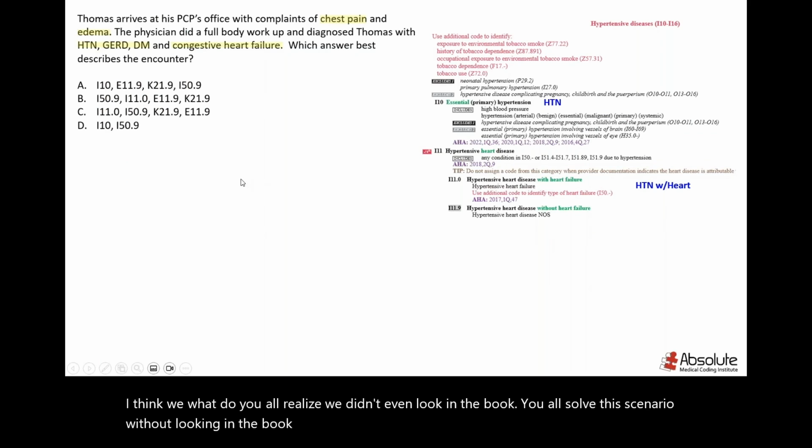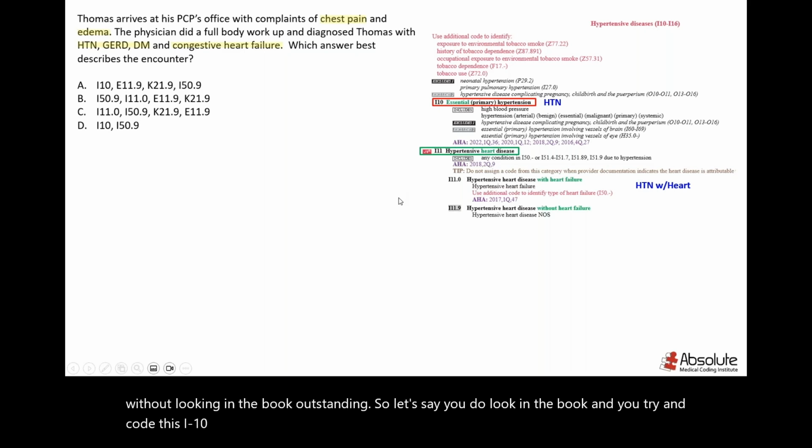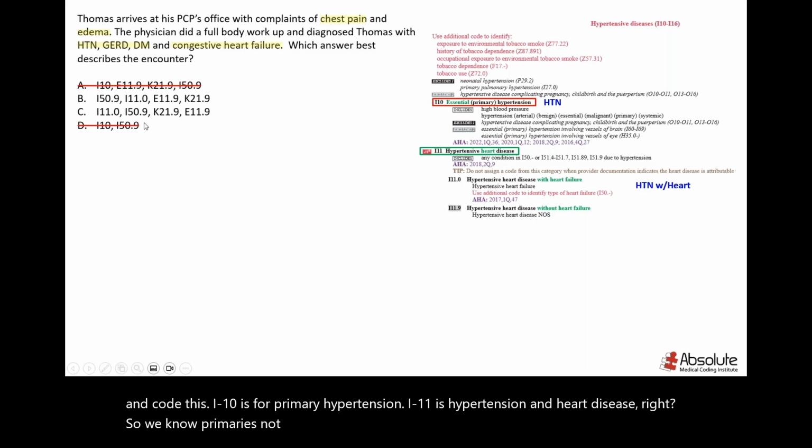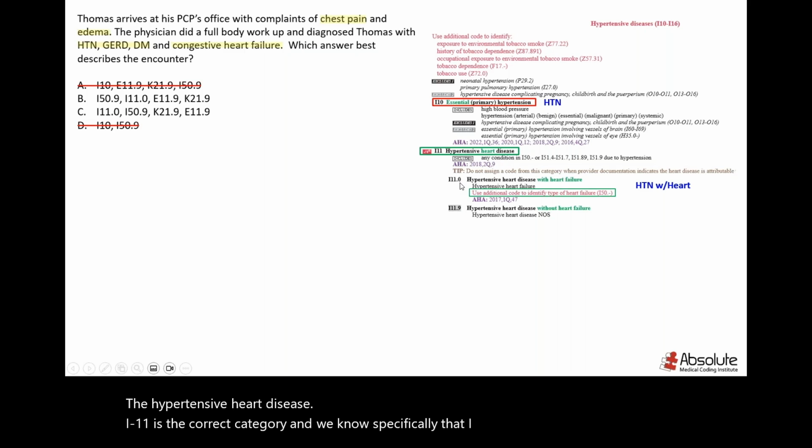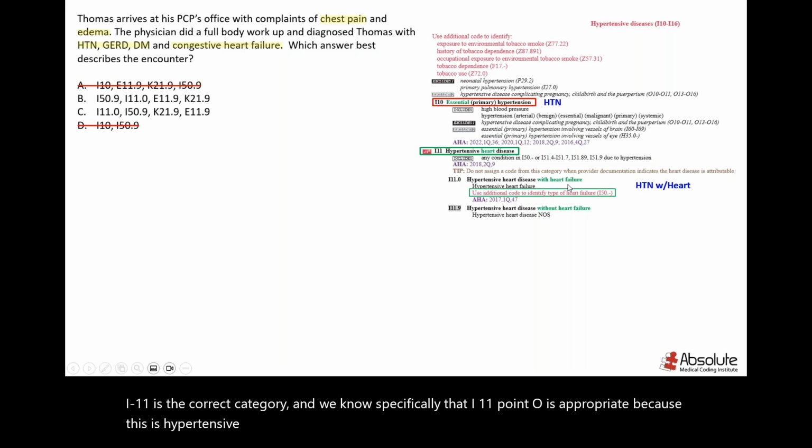Outstanding. So let's say you do look in the book and you try and code this. I-10 is for primary hypertension. I-11 is hypertension and heart disease, right? So we know primary is not correct, so we eliminate A and D. The hypertensive heart disease, I-11, is the correct category, and we know specifically that I-11.0 is appropriate because this is hypertensive heart disease with heart failure, and look at that instructional note.